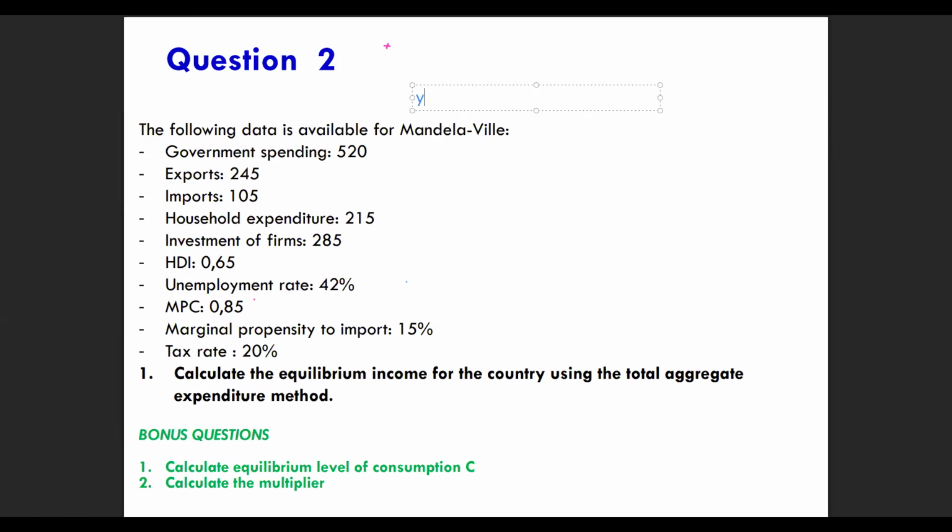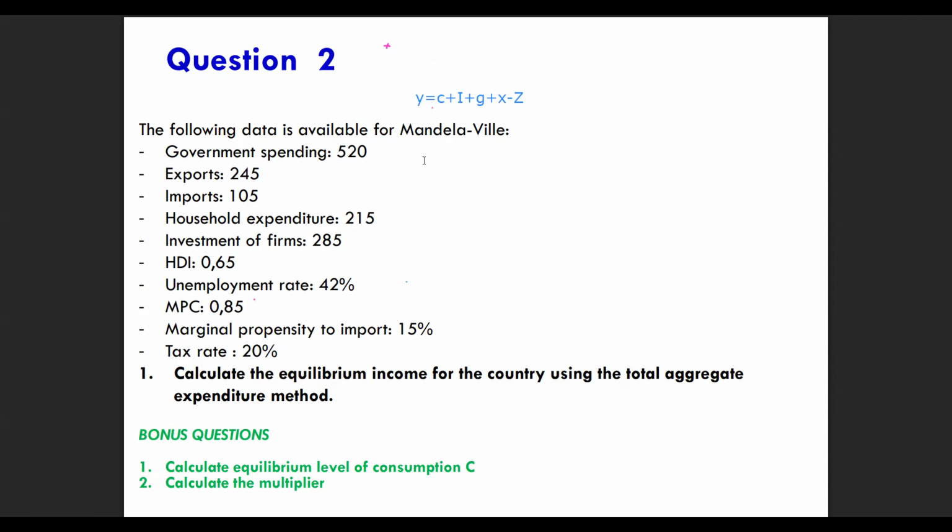So your income is going to be equal to C plus I plus G plus X minus Z or M. So C plus I plus G. And then you know that your C is autonomous plus induced, right?